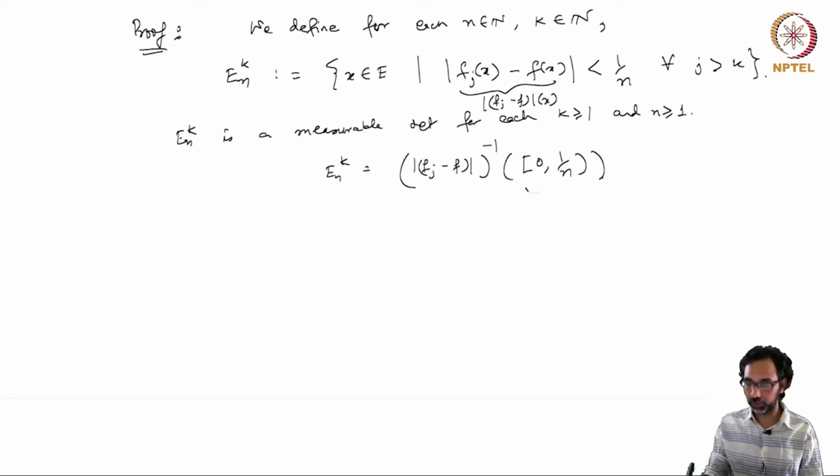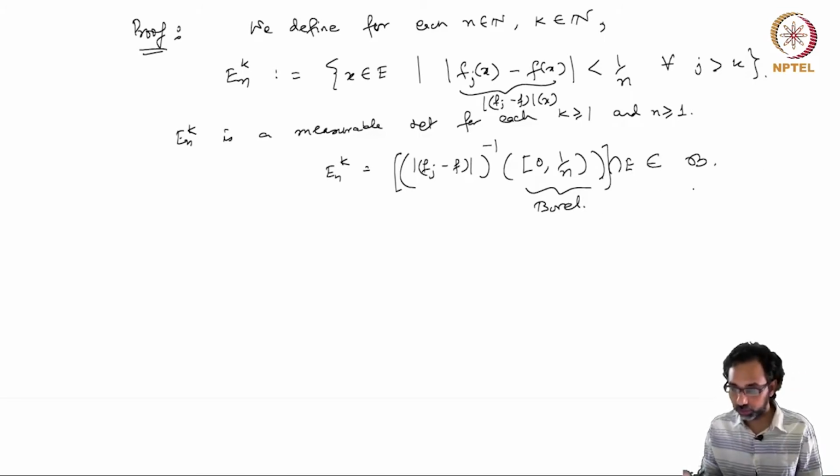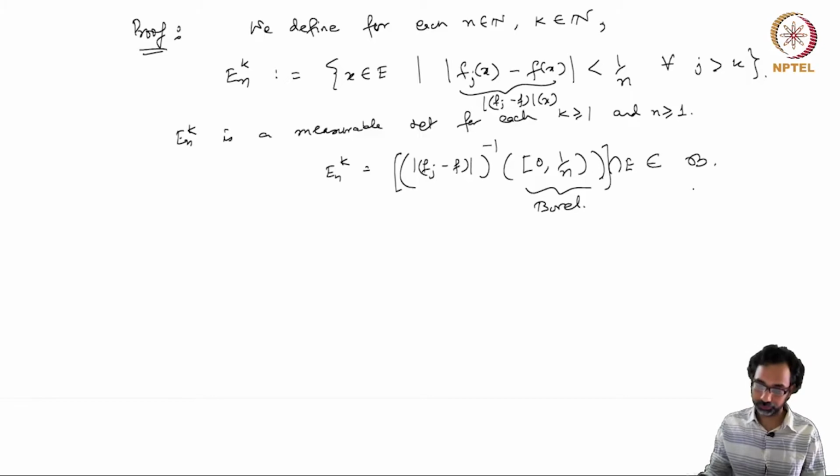And of course this is a Borel set, and so this is a measurable set. Of course one should take the intersection with E, because the E_{n,k}'s should be a subset of E. Nevertheless, E is measurable, so E_{n,k}'s are all measurable.